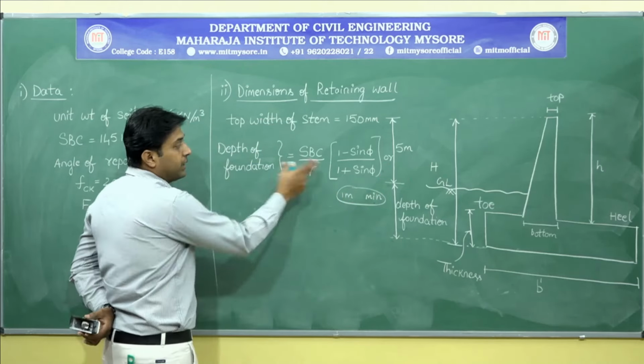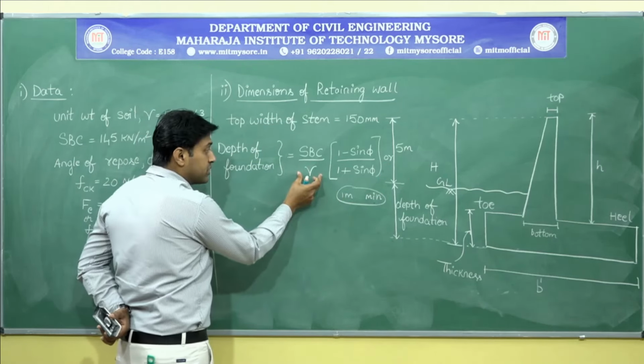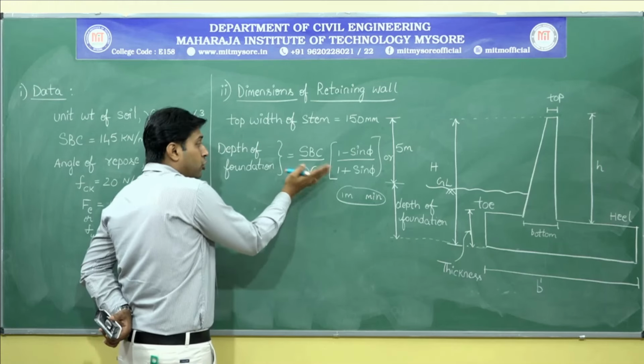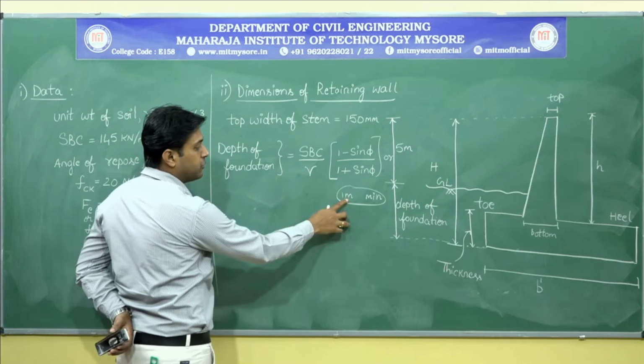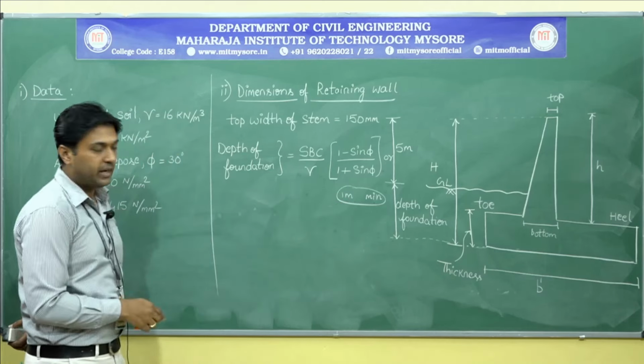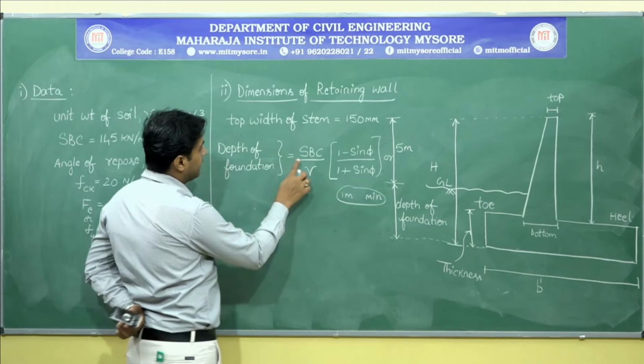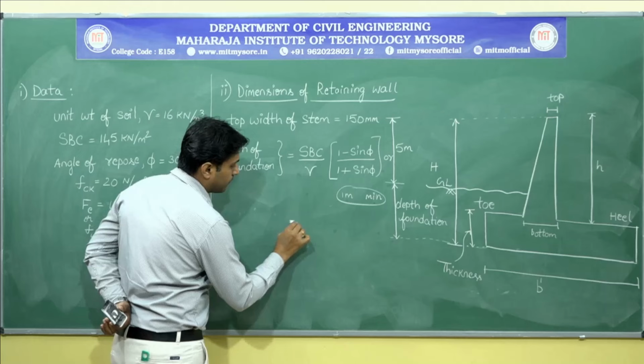So what do you mean by that? Whenever you use this formula and you get 0.8 meter as the depth of foundation, minimum you need to provide 1 meter. Okay, so now let me substitute and get the value of depth of foundation.